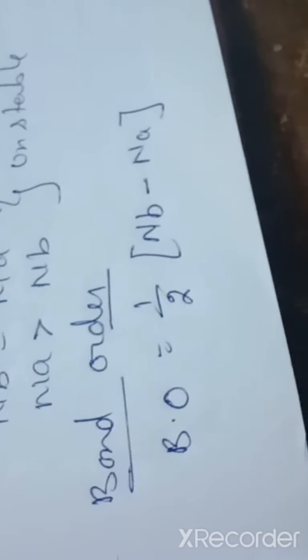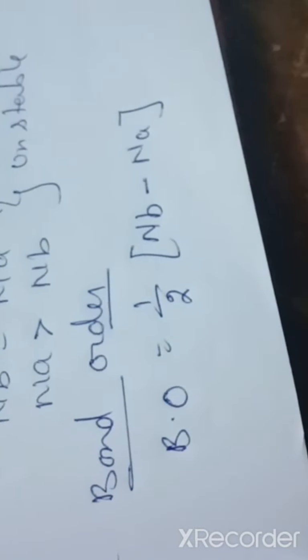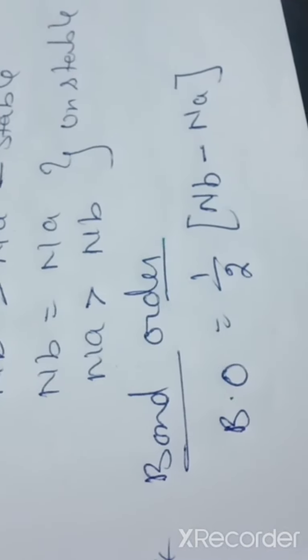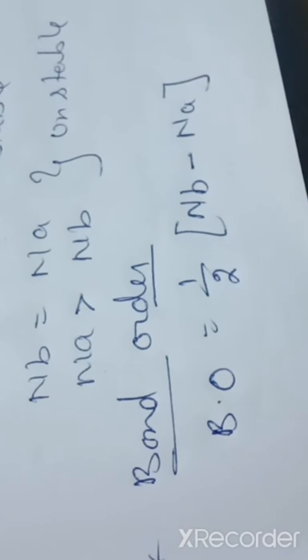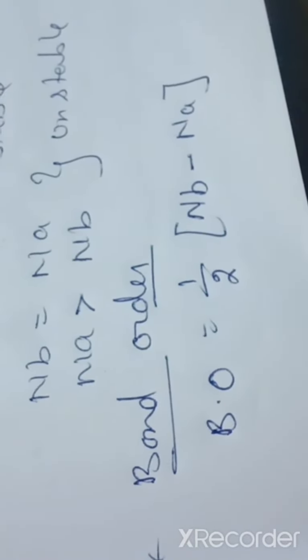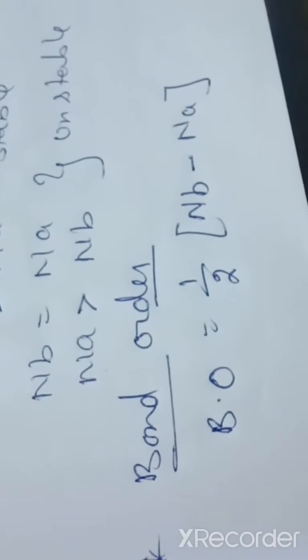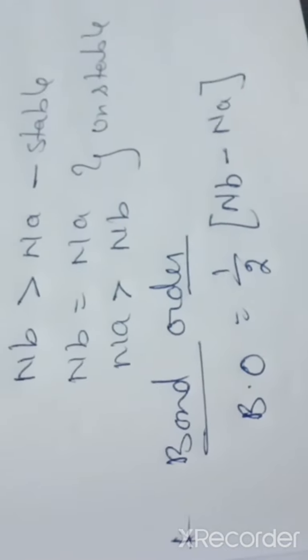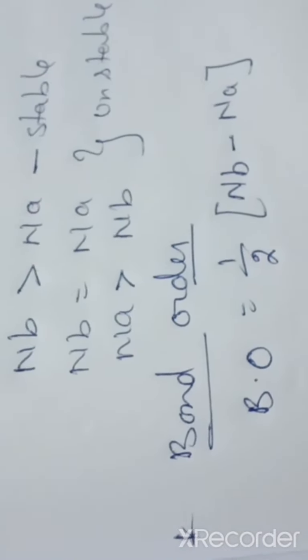This is the formula you have to remember: bond order equals half into Nb minus Na. If the bond order is positive, a stable molecule will be formed, while a negative bond order means an unstable molecule will be formed. Understood, children? If it is positive, they are stable. If it is negative, they are unstable.